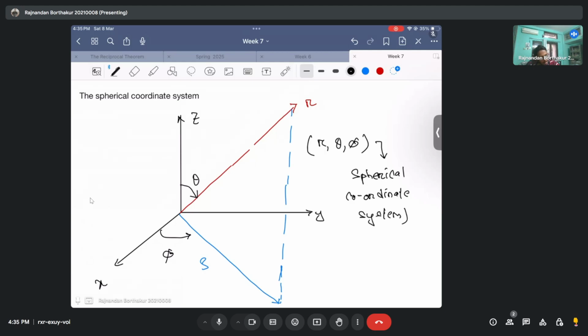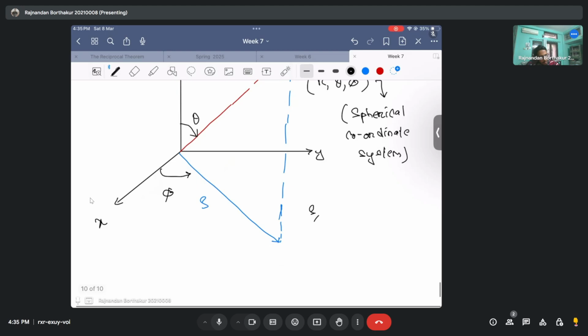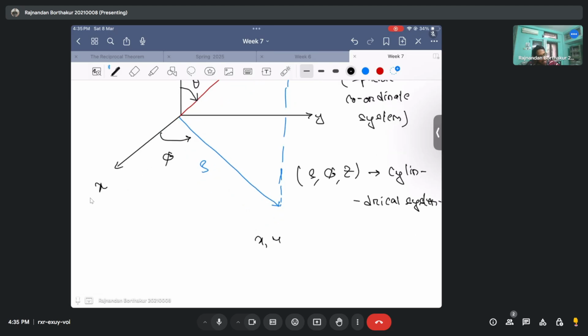Similarly, the coordinate system of rho, phi, and z is my cylindrical coordinate system, which we are more familiar with than the spherical one, at least till now. And x, y, z, as you know, are our much more familiar Cartesian set of axes, my Cartesian system.